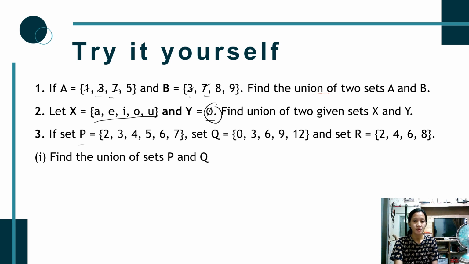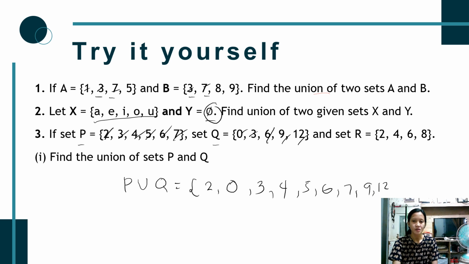So P union Q is equal to 0, 3, 4, 5, 6, 7, 9, and 12. We write 3 once only.